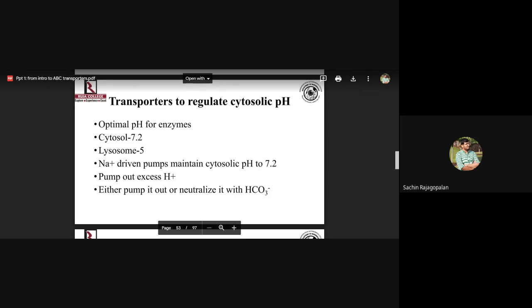That's the optimal pH for all metabolic activities. Yes, some organelles may have lower pH, like lysosomes, which maintain pH at 5. But the majority of the other organelles will have a pH close to 7, and cytoplasm is always maintained at around 7.2. Please understand that several transporters will work only to maintain this pH.